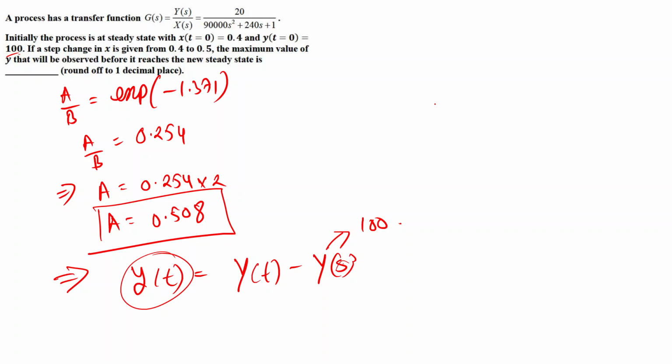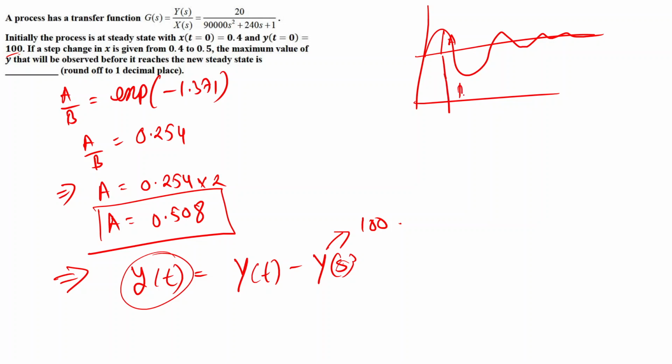So the maximum value from the given plot was this A plus B. So this is the maximum value. So A we calculated as 0.508 and B as 2. So this will become 2.508.